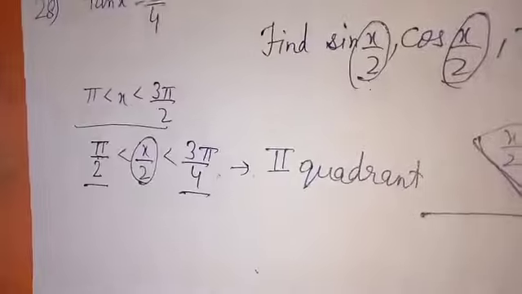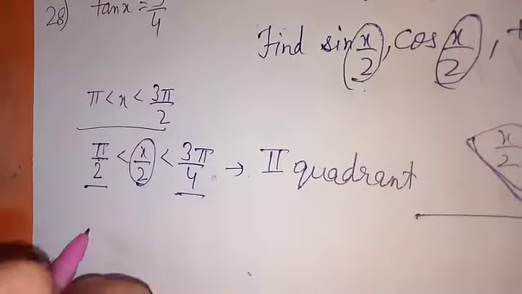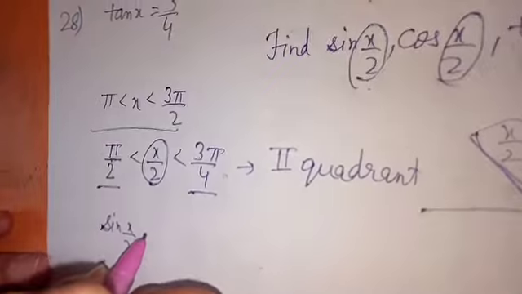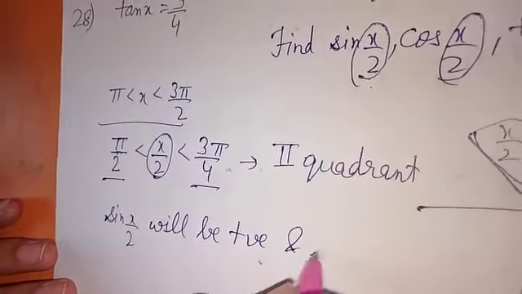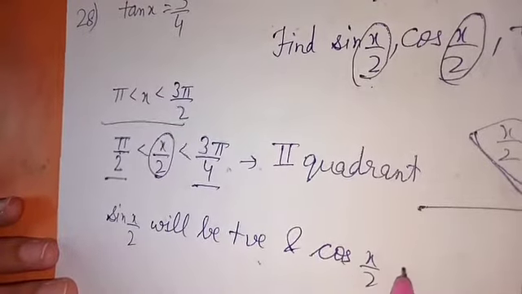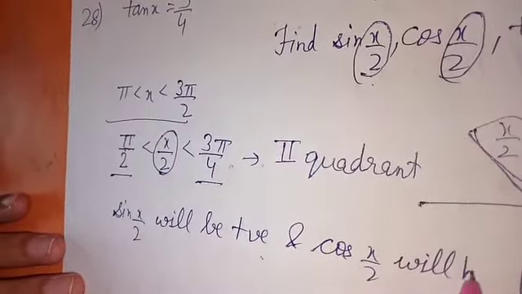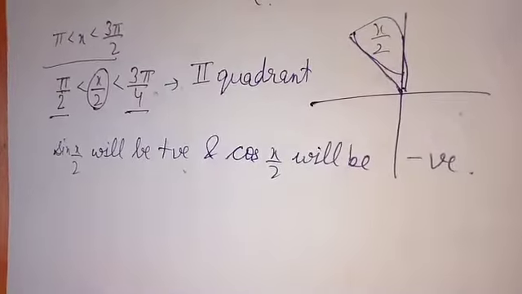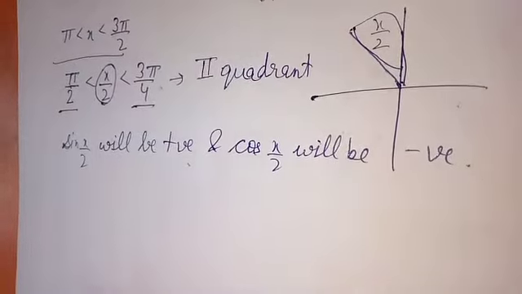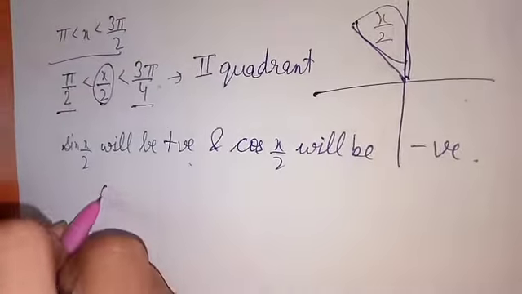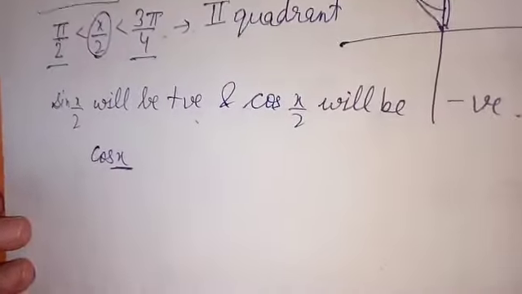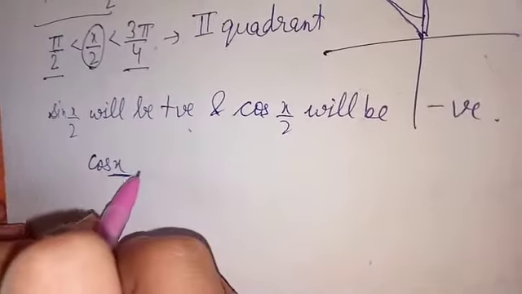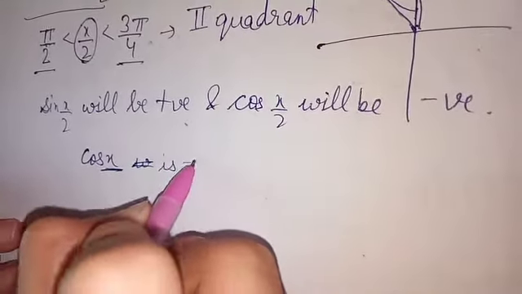Okay, and in the second quadrant our sin x by 2 will be positive and cos x by 2 will be negative. Okay, now if we talk about cos x, x lies in the third quadrant, and in the third quadrant our cos is negative, so cos x is negative.